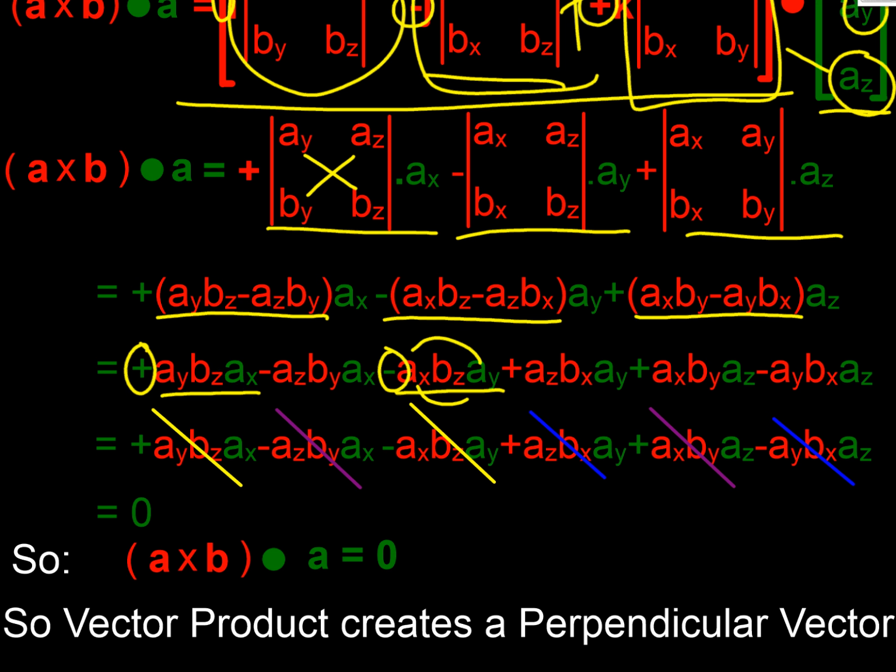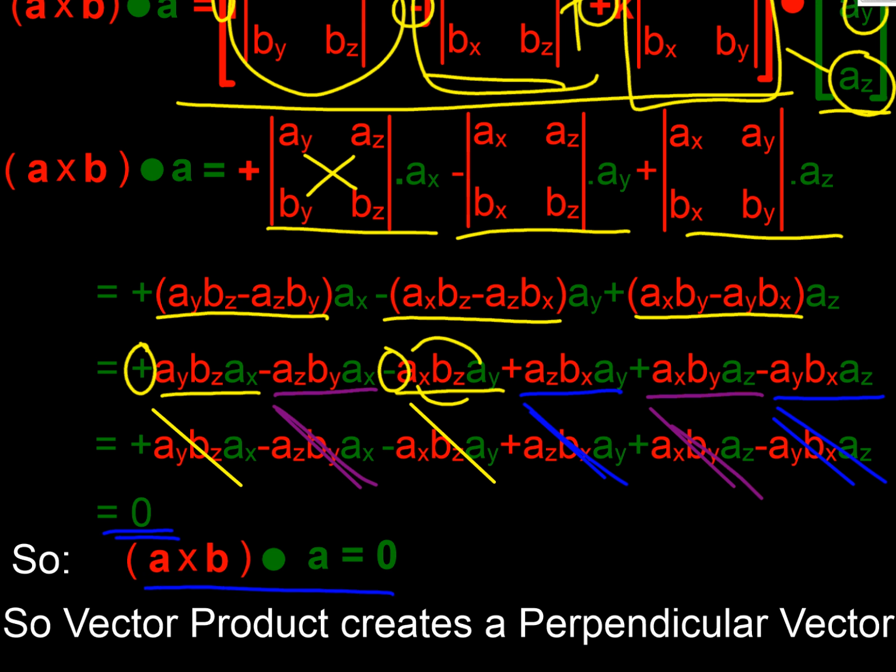Similarly, the second term and the fifth term are the same, but one's positive and one's negative, so they cancel out. And finally, the fourth and the sixth are the same, but again, one's positive and one's negative, so they cancel out. So the right hand side, all of these expressions all come to 0.